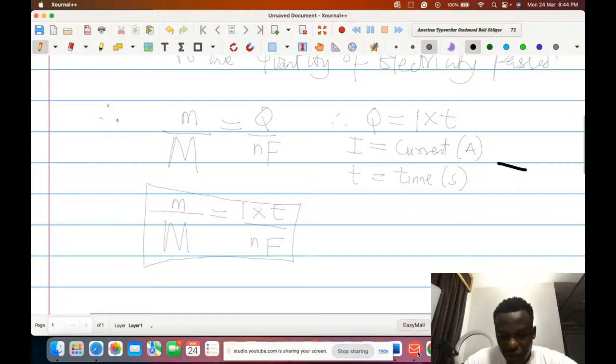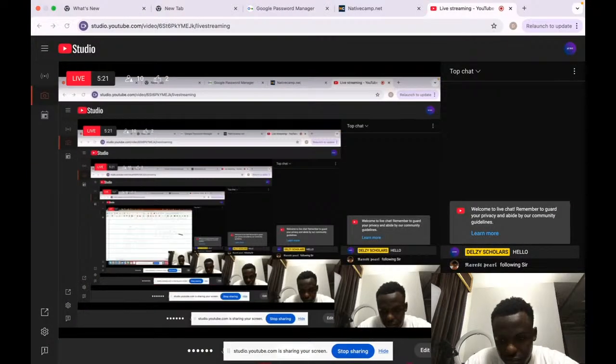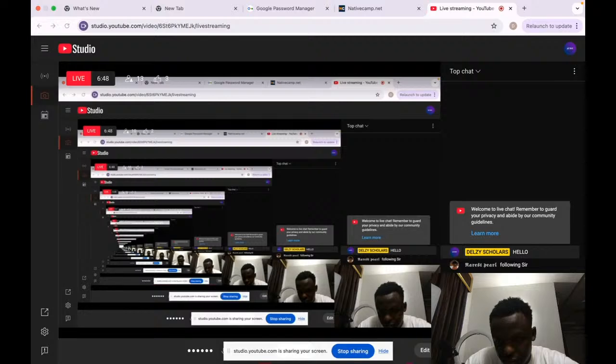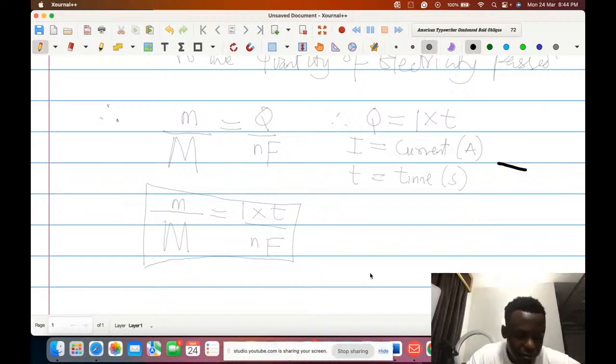This formula is very, very important. Please, can you see the board? If you can see the board, just drop a comment.